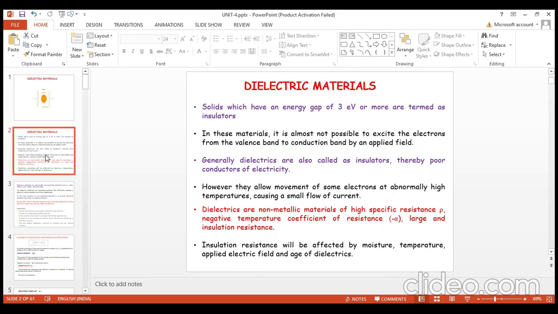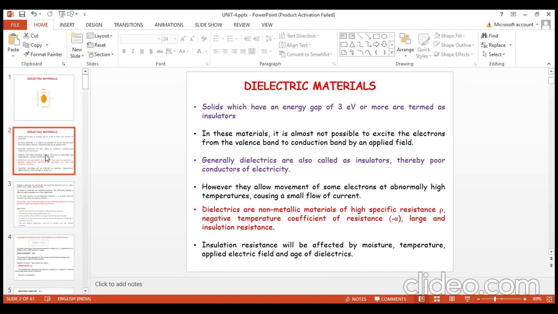Generally, dielectrics are also called insulators, thereby poor conductors of electricity. However, they allow movement of some electrons at abnormally high temperatures, causing a small flow of current.